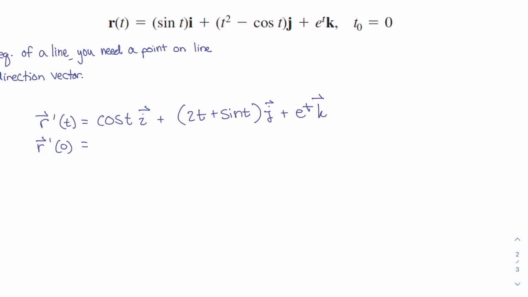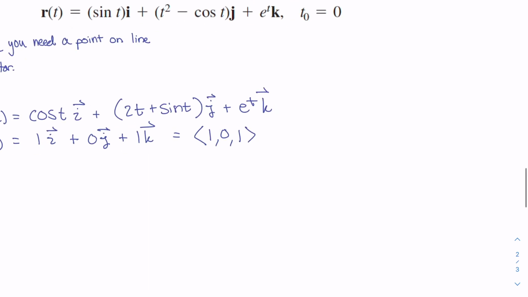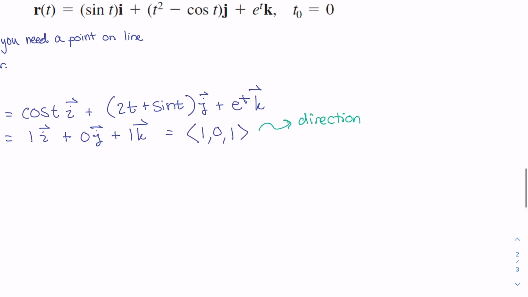But we're going to find the specific one when t equals 0. So that's going to end up being 1i plus 0j plus 1k. So another way to write that is just the vector 1, 0, 1. So that's our direction vector, the direction vector for the tangent line.